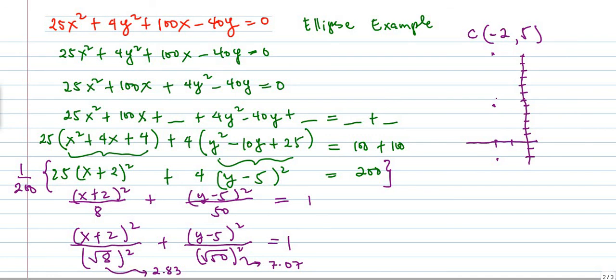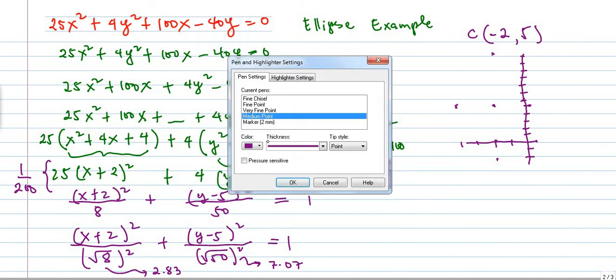And then, yung left and right niya po is 2.83. So, lampas siya ng konti. Ito naman is 2.83. So, lampas din siya konti. Dito po siya. So that our ellipse will be this one.